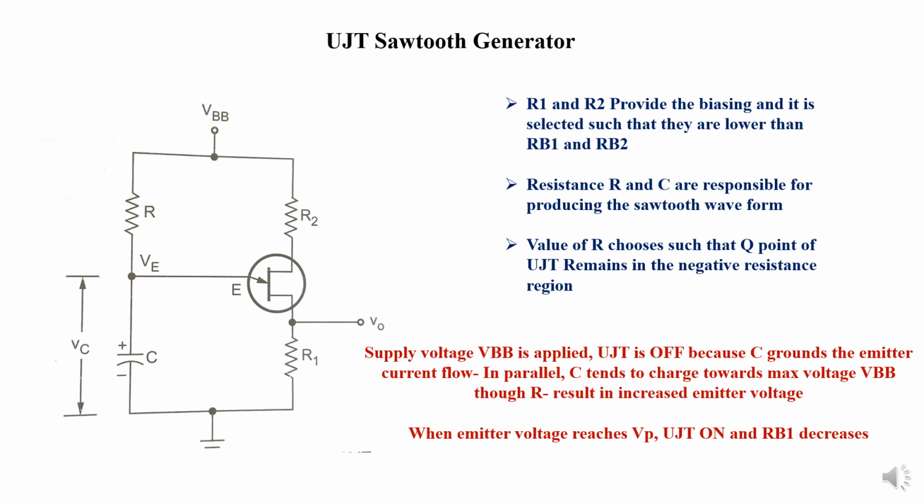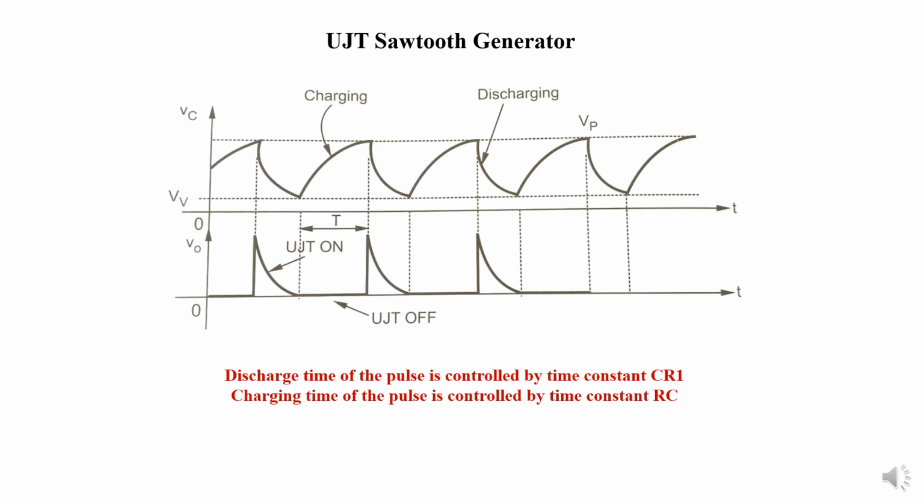You can see that when the emitter voltage reaches the point VP, the UJT turns on and RB1 starts decreasing. This is how the sawtooth generator works, and you can see the waveform of a sawtooth generator, where we have both charging and discharging cycles.